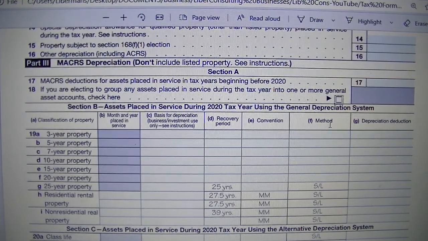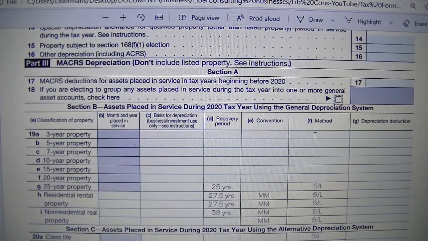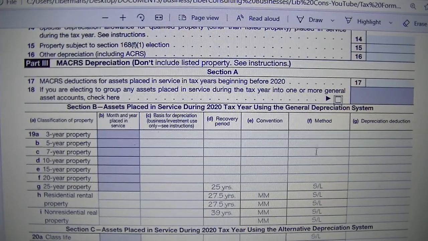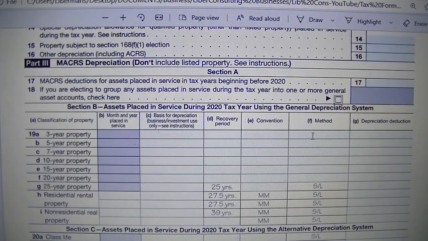And the method under column F, you have 200% declining balance. That's the default, 200% declining balance under GDS. You have 150% declining balance under GDS, and you have straight line. For residential and non-residential properties, you only use straight line, so they already fill up that section.